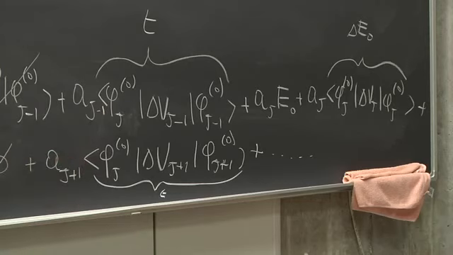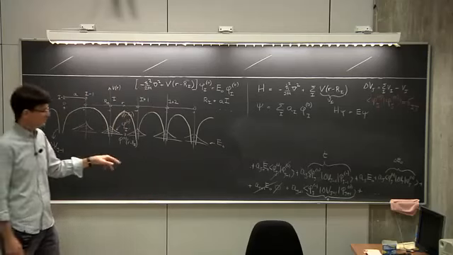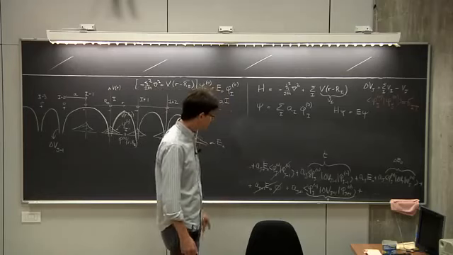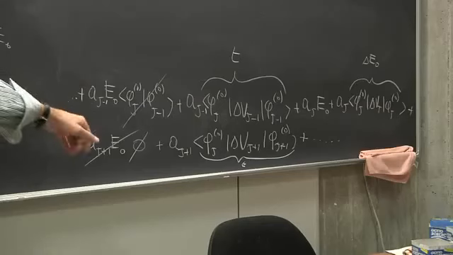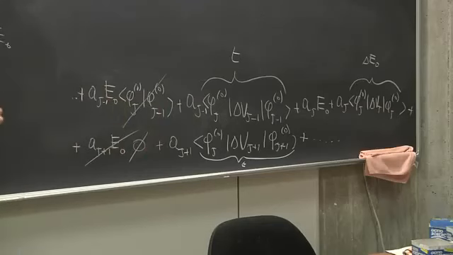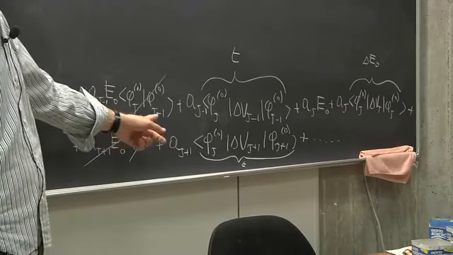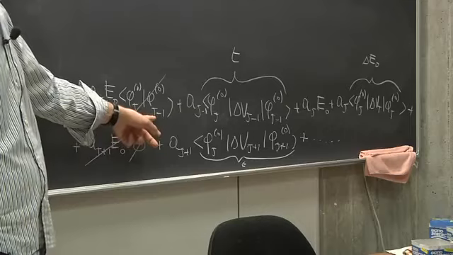Well, what about the other terms, the ones that I'm now describing as dots? If I go further to the left here, there will be terms with phi j times phi j minus 2.